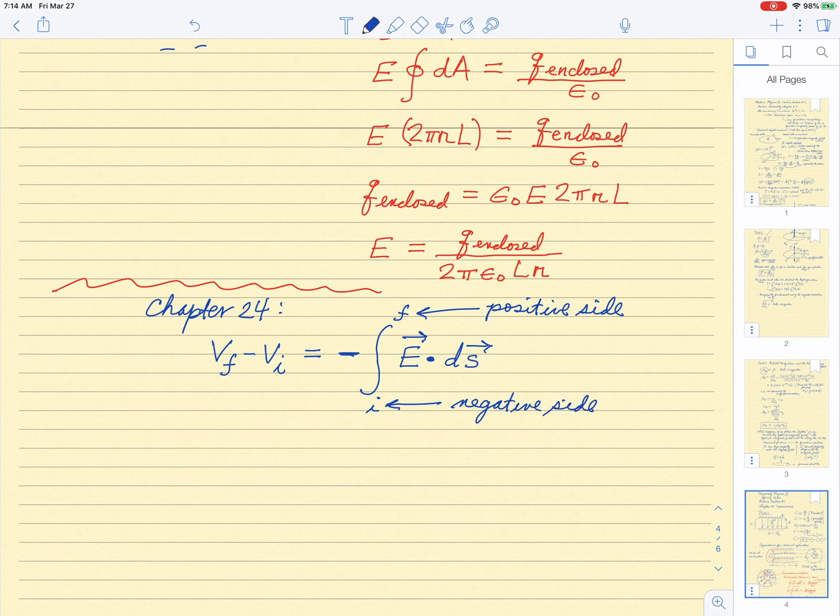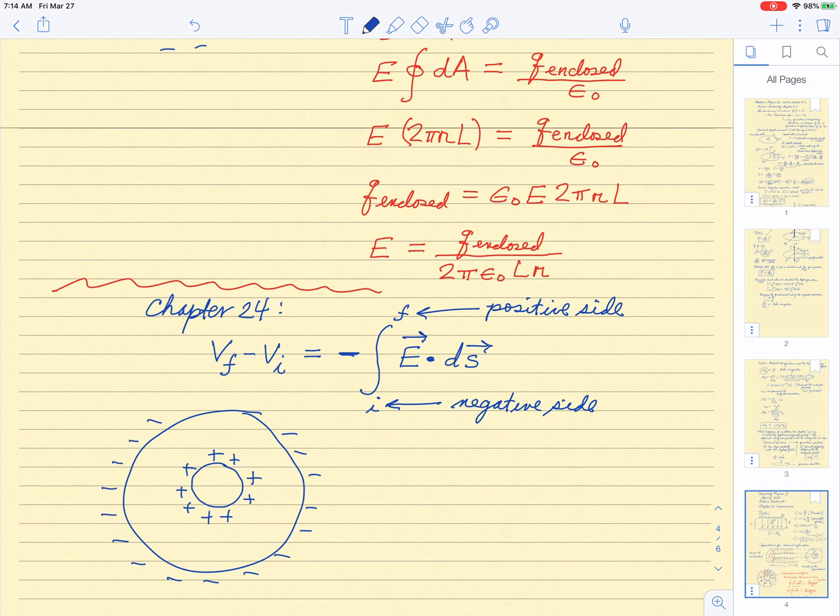Okay. And if you look up, and I'm going to redraw it here. So here's our coaxial arrangement.